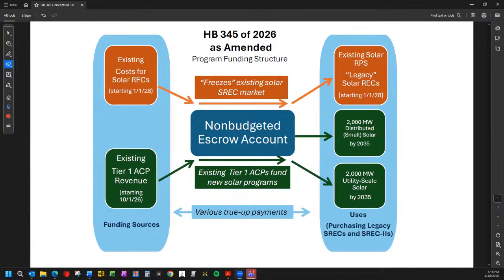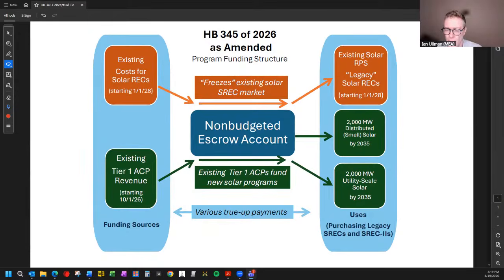Yes, and there were conversations had multiple times with MEA about the concern because these ACP funds were not a significant part of their budget 3 years ago. There was concern that MEA would then try to increase their budget significantly, seeing these ACP funds. The ACP funds should be used for new generation, not for the programs that MEA is trying to do. And so that is kind of why this bill is in place.